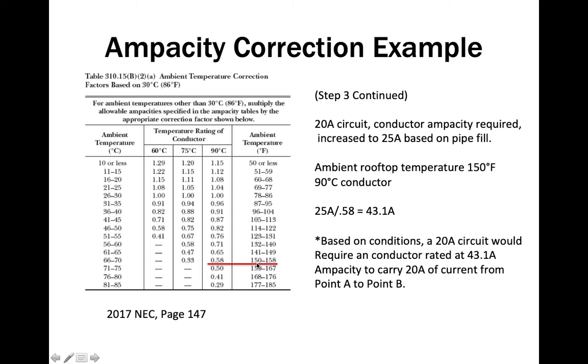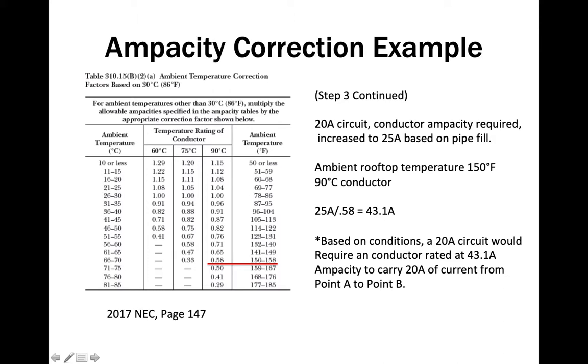Here it is, 150 to 158. Slide over one column to the left, and for my 90 degree insulation, my correction factor is 0.58. So I'm going to take 25 amps, divide by 0.58, and I get 43.1 amps.